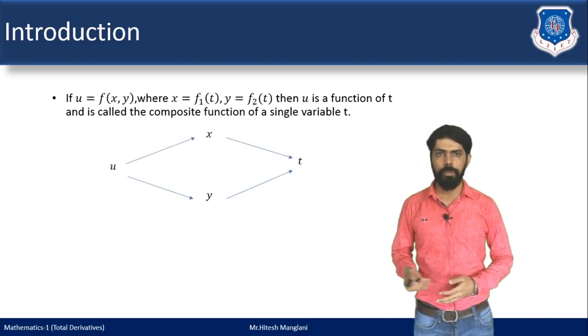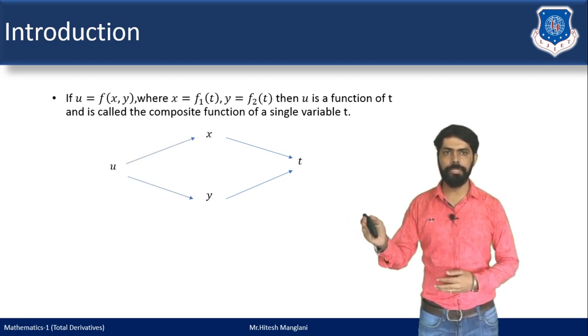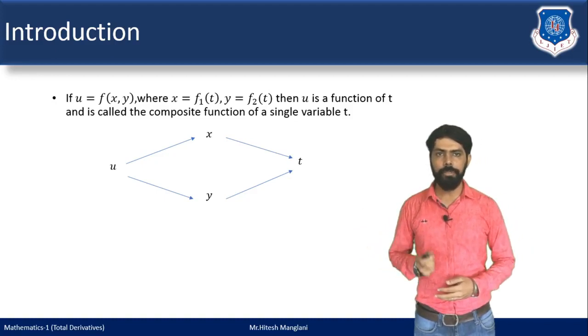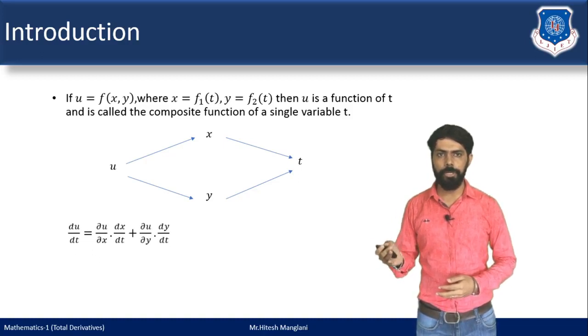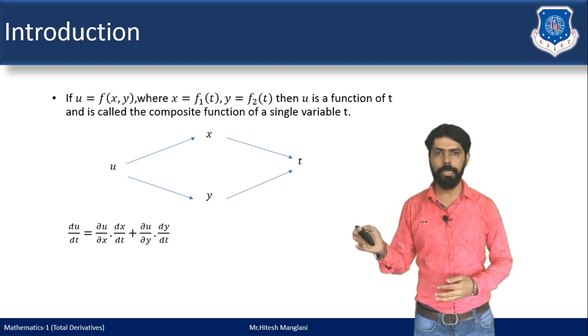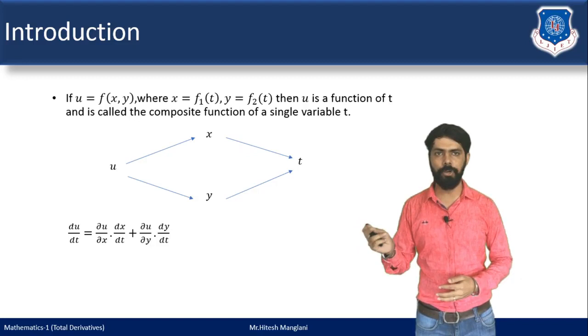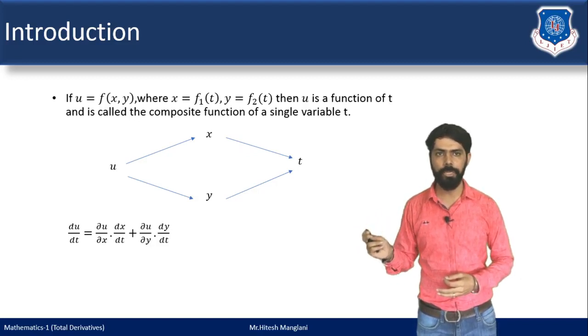So here you can see in the diagram, u is a function of x and y, and x and y are functions of t. Now du by dt will be del u by del x into dx by dt plus del u by del y into dy by dt, because here u is a function of two variables, so we will write del u by del x, and x is a function of only a single variable, that is t, so we will write dx by dt.